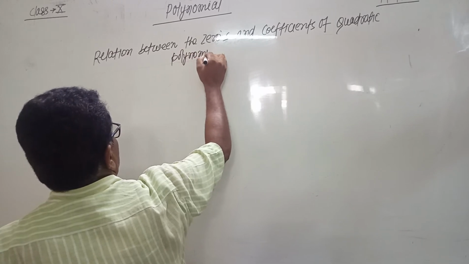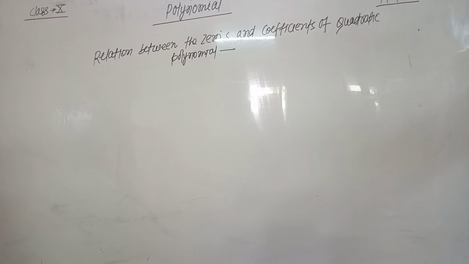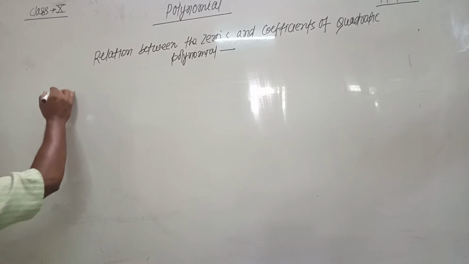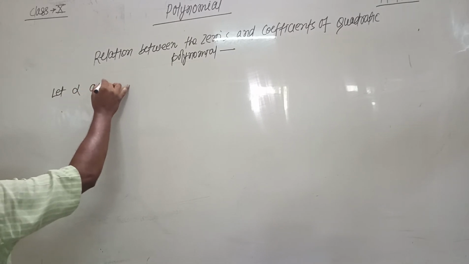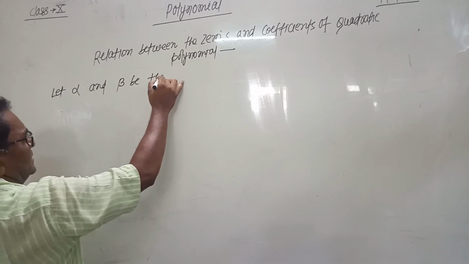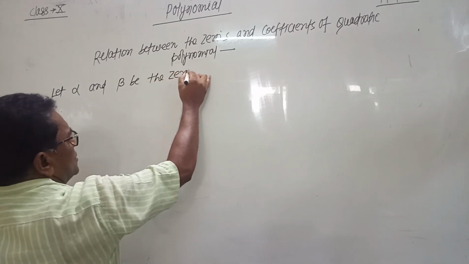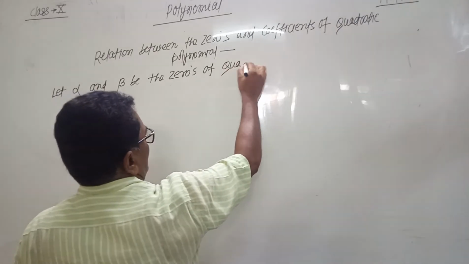We will derive the relation between the zeros and coefficients of quadratic polynomials. So let alpha and beta be the zeros of a quadratic polynomial.